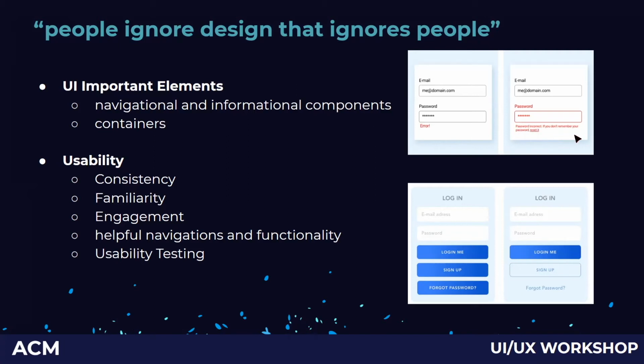And if you don't remember it, here's the link to change it. And that's a great example of a good user experience, letting me know, oh, I forgot my password. I got it wrong. Now you gave me a link to change it. That's good. So that's the correct way to do an informational component.